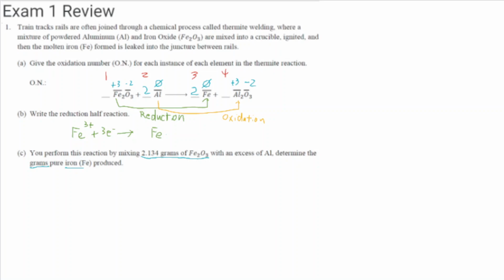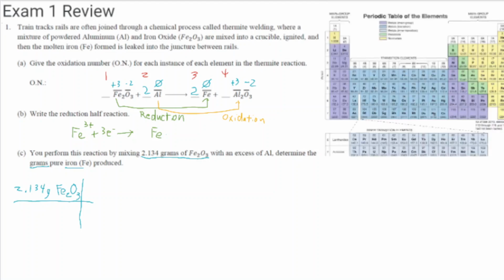So I'm going to start off with the variable that we're given, this 2.134 grams of iron 2 oxide. All right, now we need to be working towards getting to moles because we're trying to convert from one substance to another substance. One thing we can use for this is our periodic table.